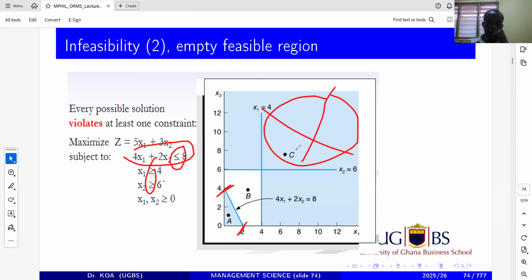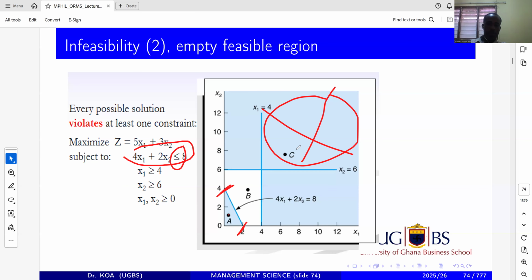This guy says the minimum value is 4. That's what X1 is saying. So I can put that here. Minimum value is 4. And this one says the maximum value is what? Is 6. So I can drop that here. So at the left side, you have 4 times 4, giving you 16. And then X2, you have 2 times 6, giving you 12. So you have 12 plus 16, giving you what? 28.